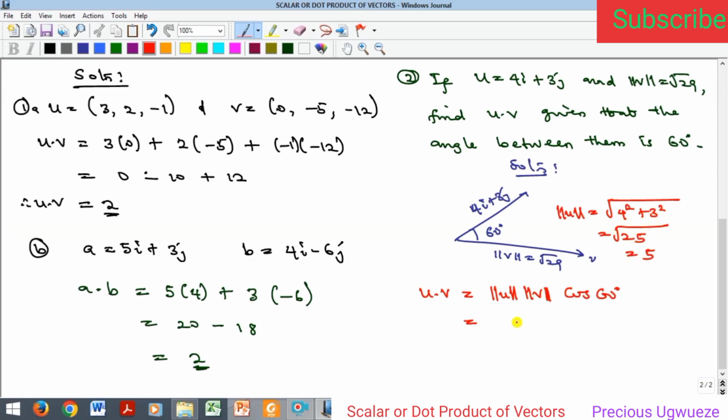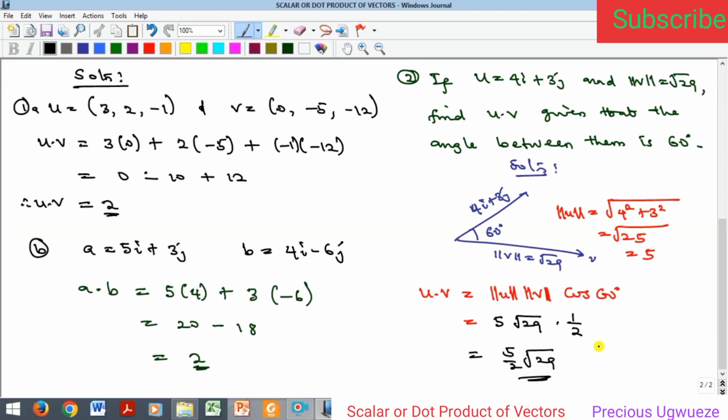If we bring that here, we simply have 5 times root 29, then multiplied by cos 60, and cos 60 is a half. So here we have 1 over 2, and this should give us 5 over 2 square root of 29 as our dot product. And that's all.